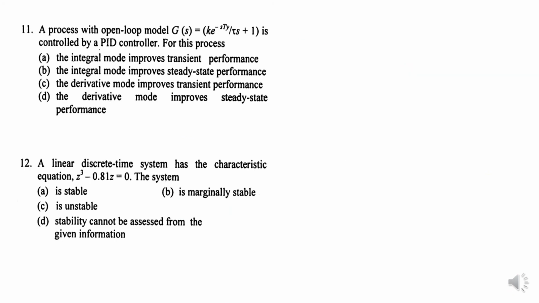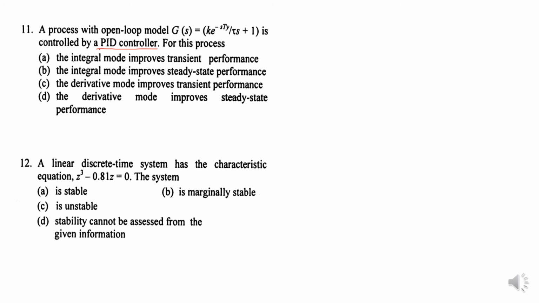Next problem. A process with open loop model G of s is equal to k into e power minus s td divided by tau s plus 1 is controlled by a PID controller. For this process, the integral mode always improves the steady state response and the derivative mode improves the transient response.